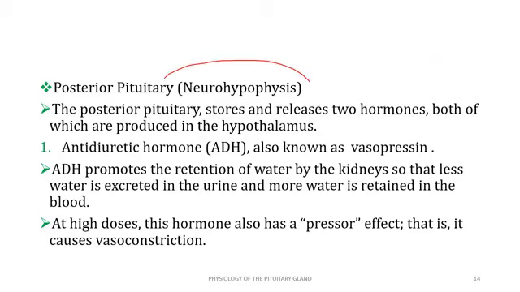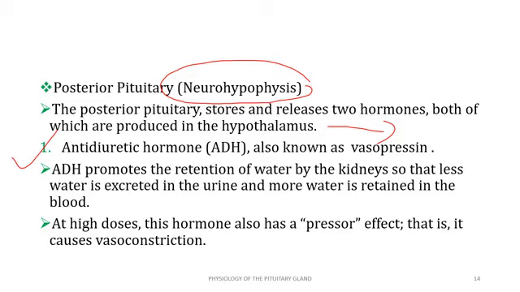Okay, the second lobe of the adult pituitary gland is the neurohypophysis. As we said, the posterior pituitary is just the extension of the brain, so it's neuro in nature. The posterior pituitary does not produce hormones. They just store hormones released from the hypothalamus. And these hormones which are stored in the pituitary gland include antidiuretic hormone.